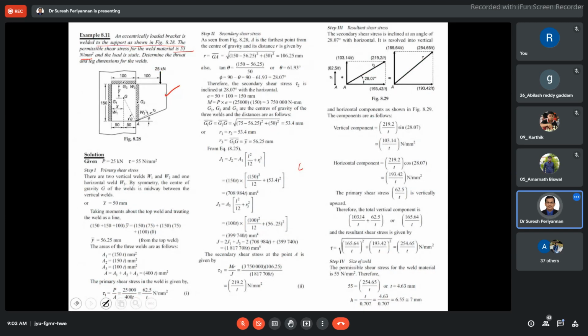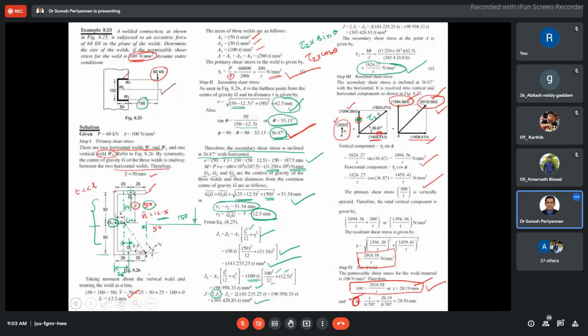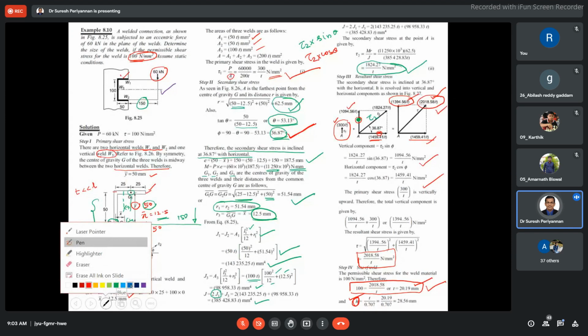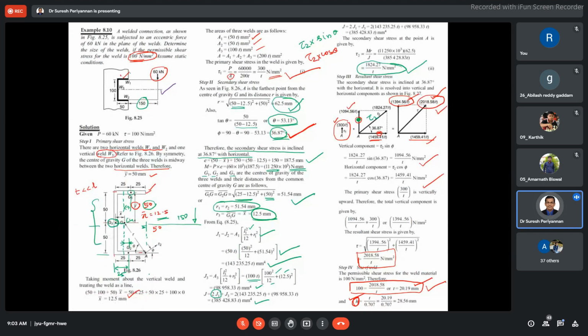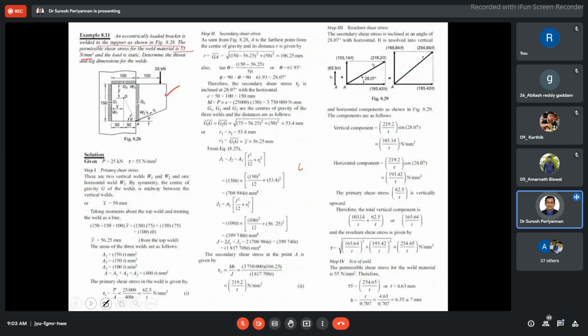In the earlier problem we discussed, these two welds are identical. Vertical welds W1 and W2 are identical and symmetric. This weld is horizontal. In this case, the horizontal welds W1, W2 are identical, and the vertical weld is W3.